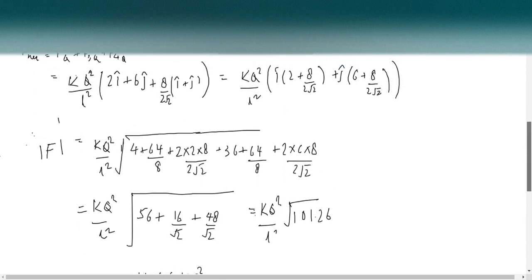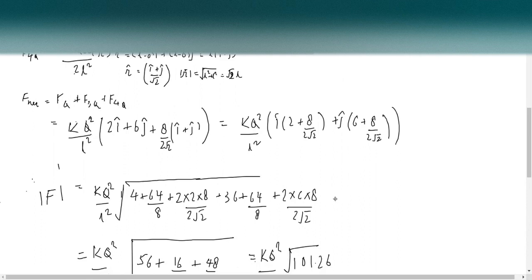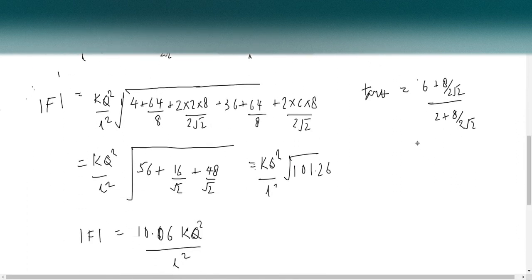Now, if you want to calculate the direction, there's a very straightforward formula for direction. Let me show you. So tan theta would be equal to the y component divided by the x component. So it would be 6 plus 8 by 2 root 2, divided by 2 plus 8 divided by 2 root 2. Now let's divide it.